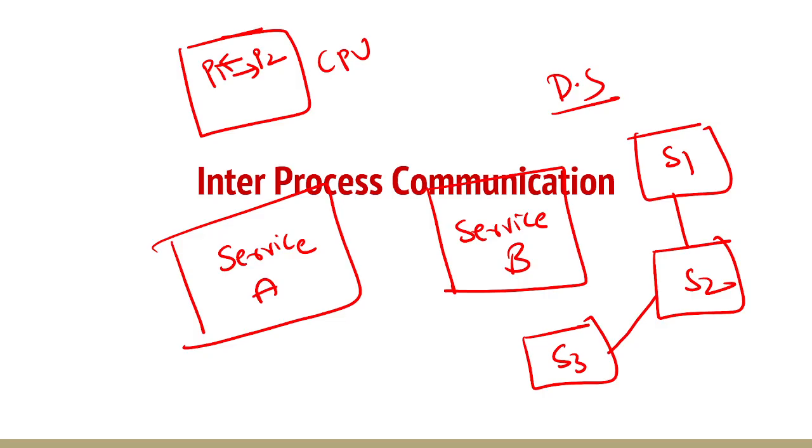It is the same as the communication between the processes in an operating system. We use the same terminology, inter-process communication, to express the communication mechanism between different services of different computers in a group of computers, which we call distributed systems.